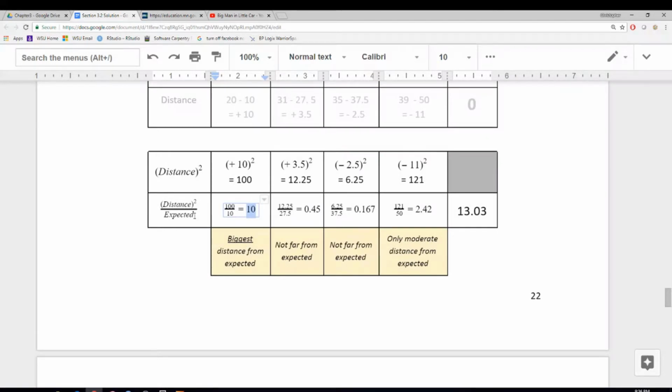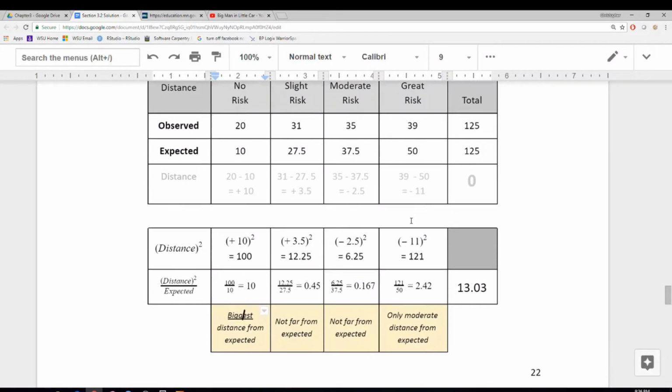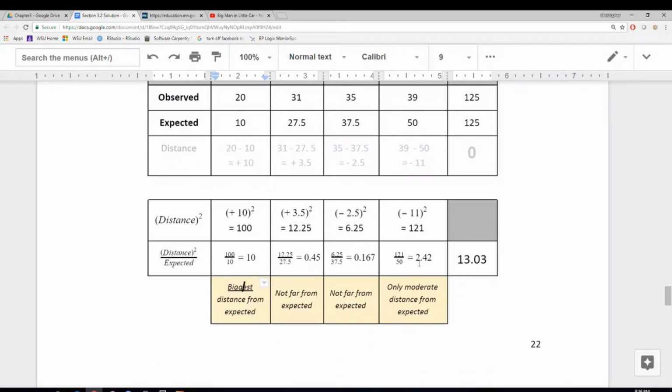After doing that adjustment by dividing by the expected, you can see that that is certainly the biggest adjusted distance from the expected. Over here, that great risk group, that quantity is brought down to 2.42, which is still somewhat larger than the other two, but I would say that's a moderate distance away from the expected.